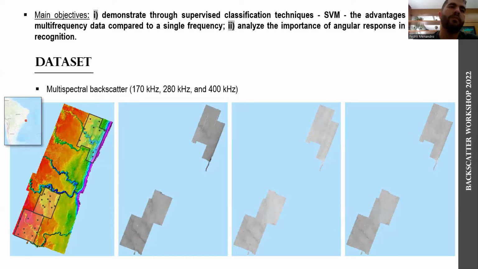The bathymetry ranges from 44 up to 100 meters. So we defined 3 polygons for further investigation, and the backscatter mosaic for the 3 frequencies is shown here: 170, 208, and 400 kilohertz. The equipment is the R2Sonic 2024, and the processing was carried out in FMGT.